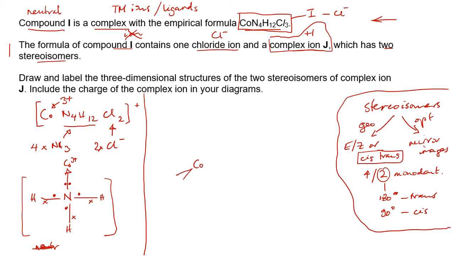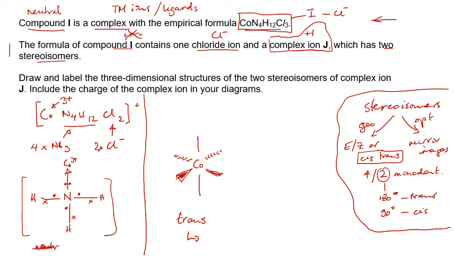We're going to have 2 ligands coming out of the screen, so we draw them as wedges. 2 ligands going into the screen, so we draw those as hashed lines, and then ligands above and below in the plane of the screen there. So that's our basic octahedral shape.